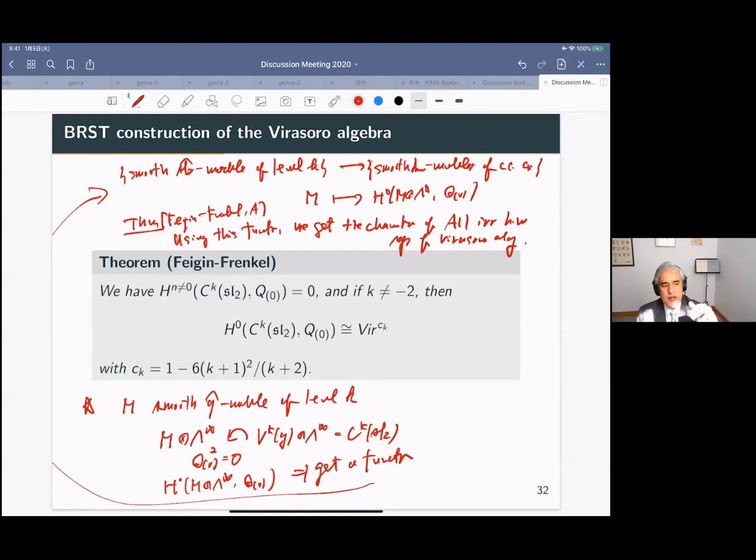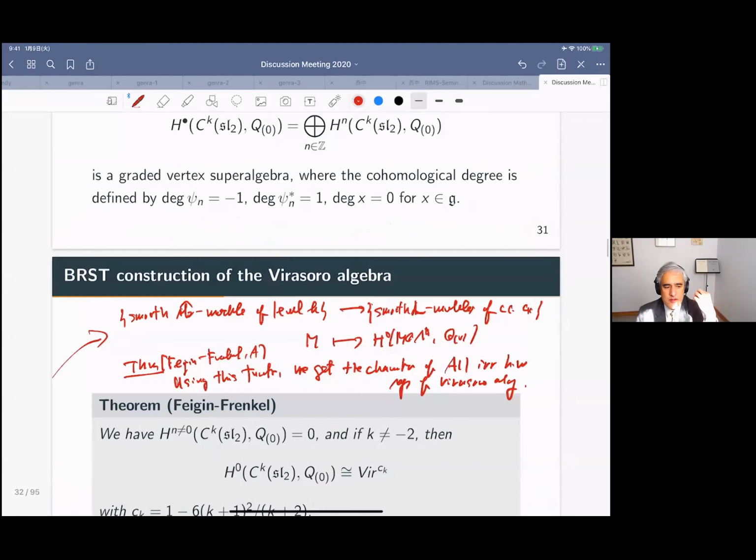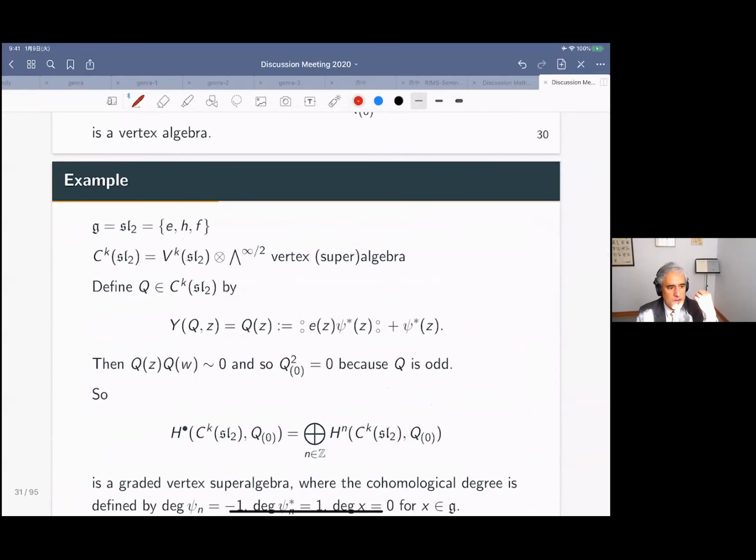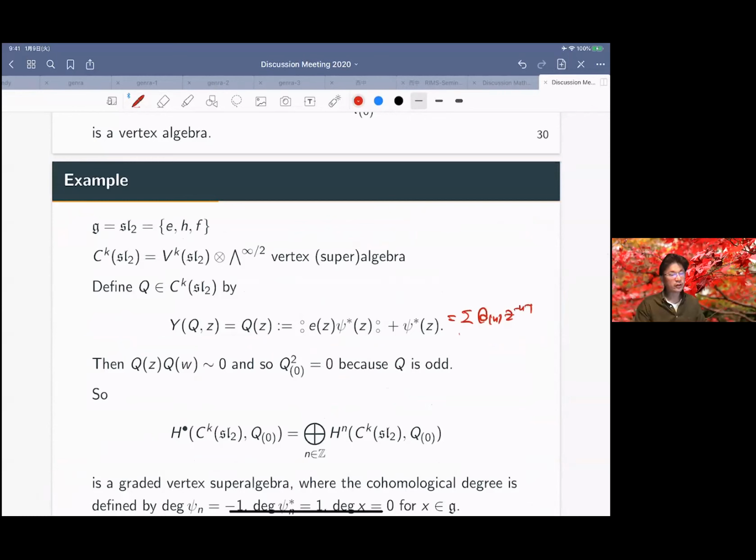Can you just go back and remind me what is Q0 for this BRST? So this is a field, so you expand in this way. So it's just a zero mode. If you write explicitly, it's a sum of e_n psi*_{-n}. We don't really need normal ordering here.